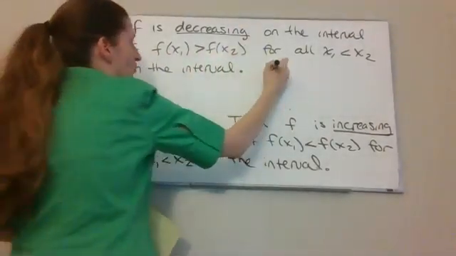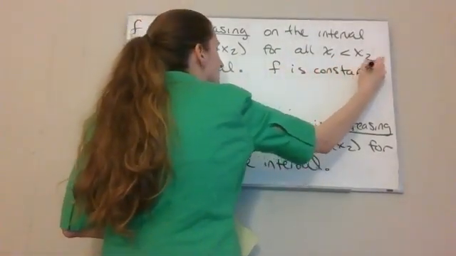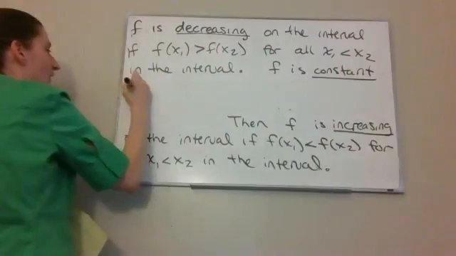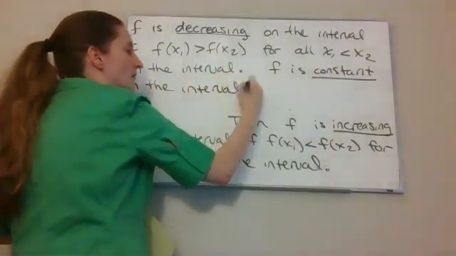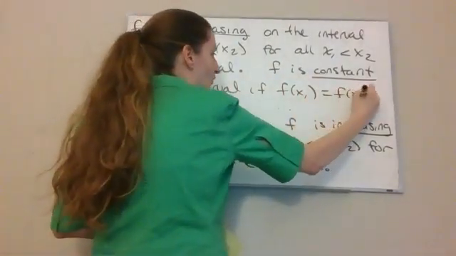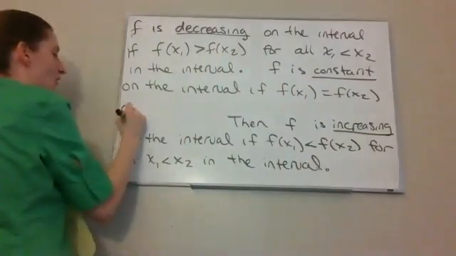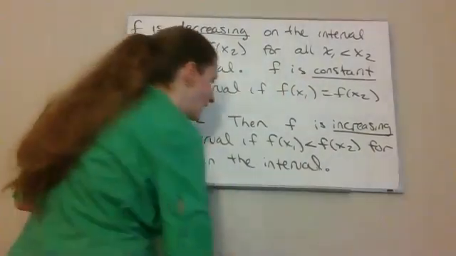And we say the function is constant on the interval if f of x1 equals f of x2 for all x1 and x2 in the interval.